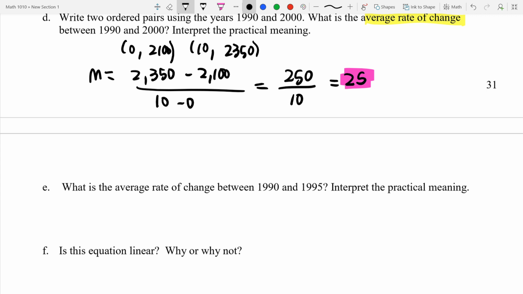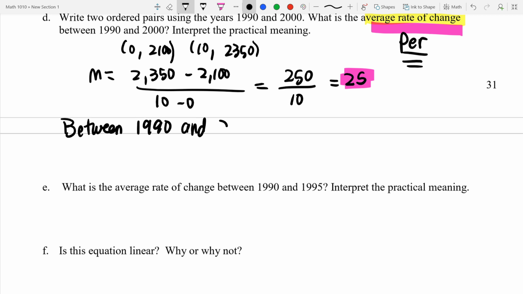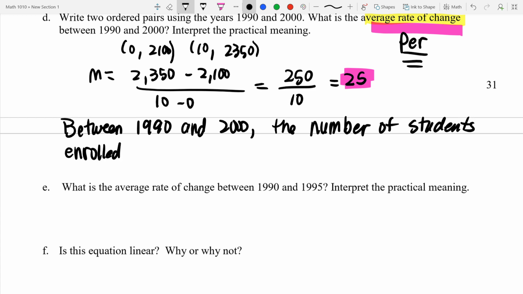Okay, what does that mean? When you read the word slope, I want you to write down the word per. You must include the word per in your explanation, okay? This is wrong. Let's write this down to begin with. So between 1990 and 2000, the number of students enrolled, now don't write this down, increased by 25.